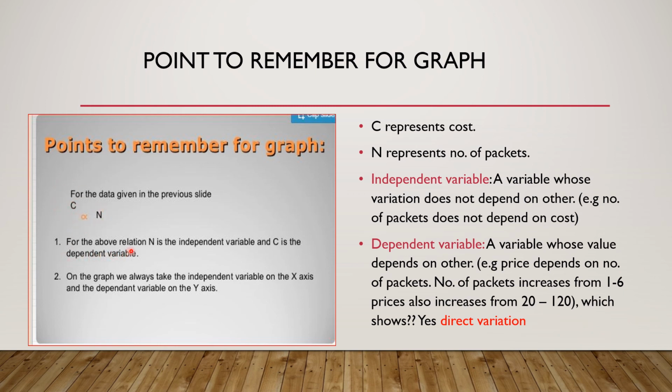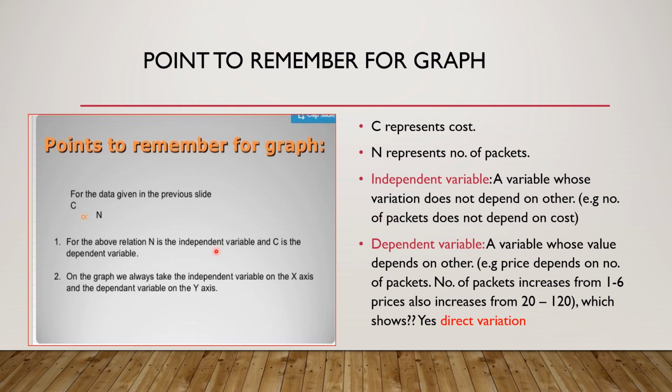For the above relation, N is the independent variable. Now it's time to judge which of them is the independent variable and which is the dependent variable. First of all, we are going to read their definitions. Independent variable: a variable whose variation does not depend on other.